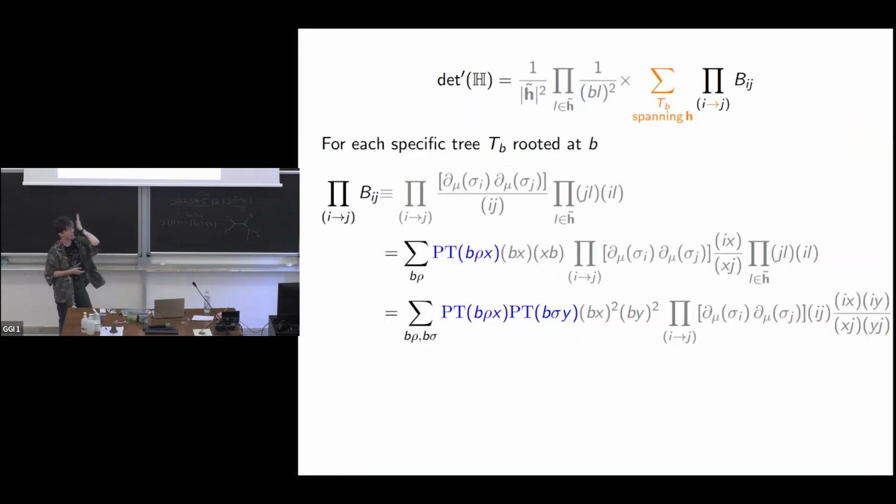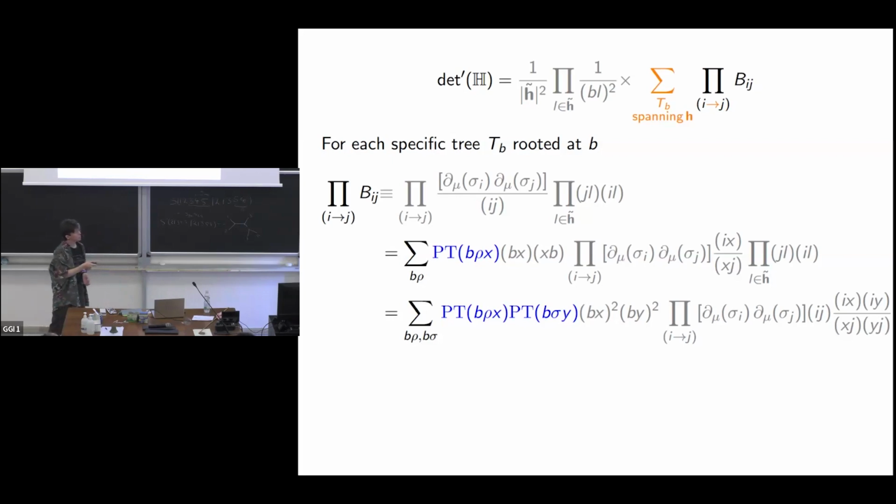But okay, let's apply this to our trees. So let's select a single tree in this sum. I've done something sneaky here and I've just oriented our tree, but this is okay because all of our weights are symmetric, so it doesn't really matter in which direction we're going. So I've rooted our tree at B. And now let's look at each of these trees, products of weights.